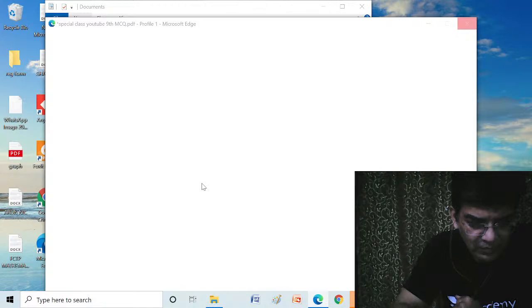Hypotenuse is AC, perpendicular here is AB, and the base is BC. So it's 9 square plus 40 square.